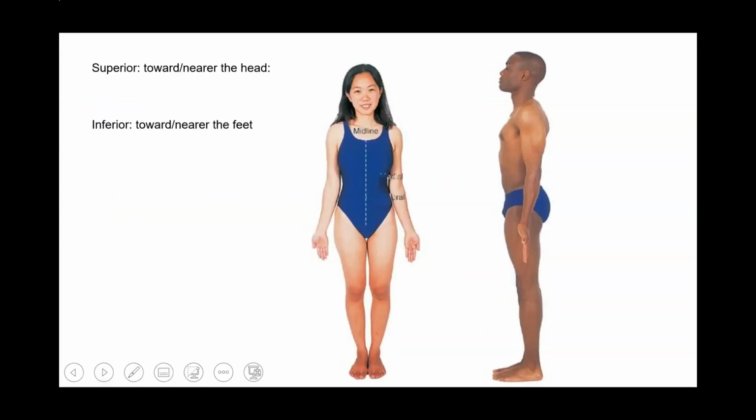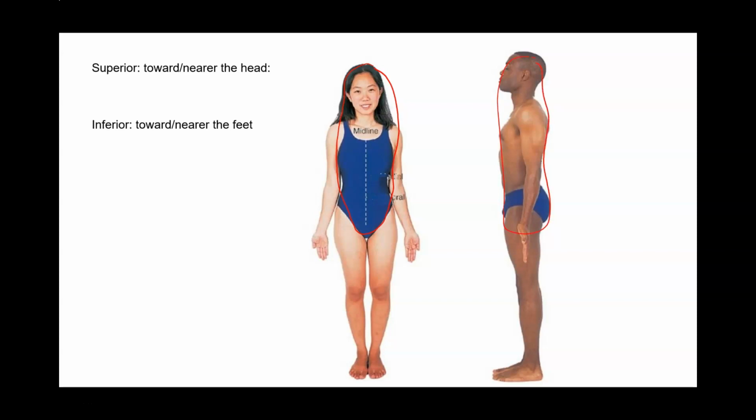The next set of terms is the word superior, which means toward or nearer the head, and the word inferior, which means toward or nearer the feet. Now, interestingly enough, these words are only used in reference to the head and torso.